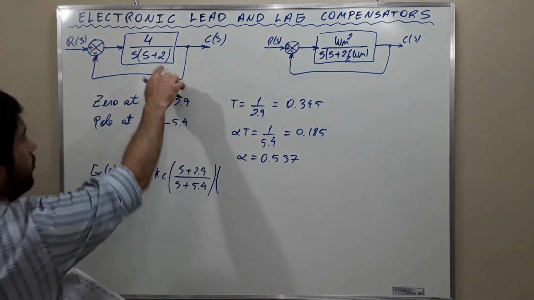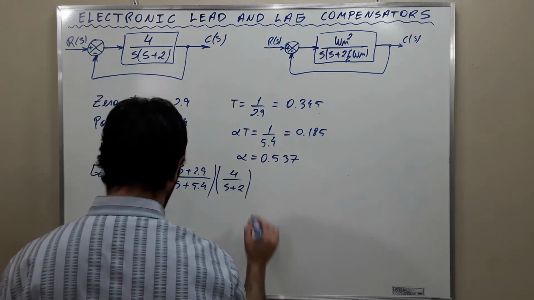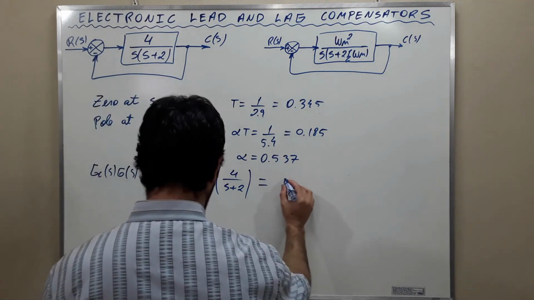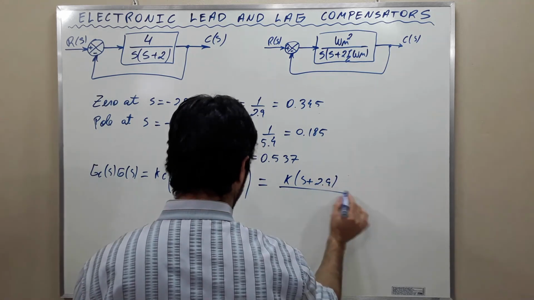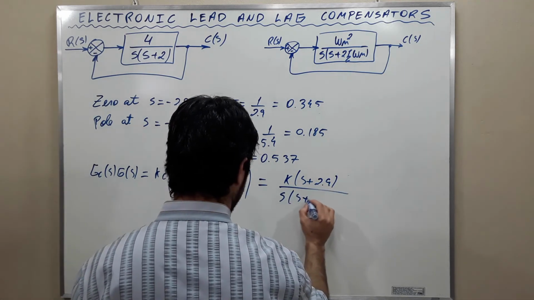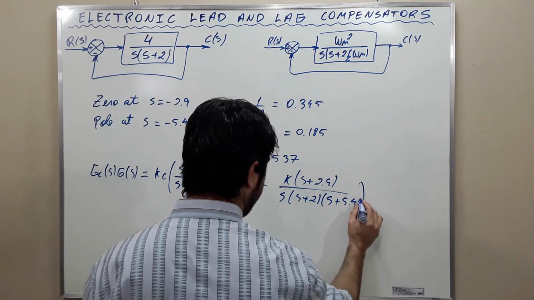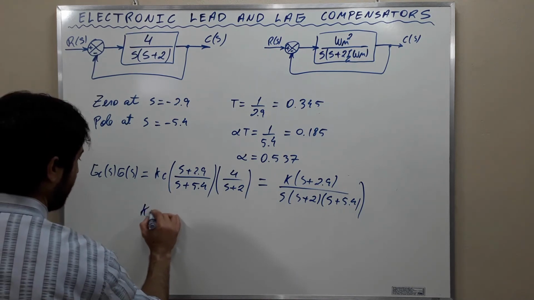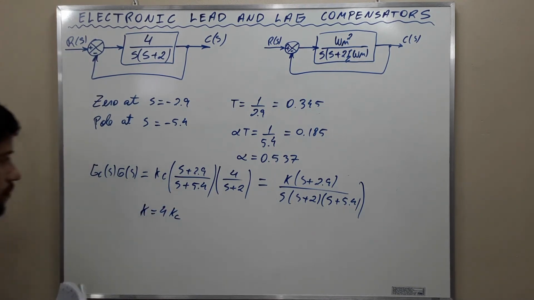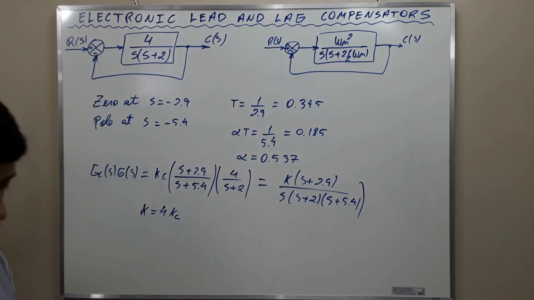The plant, as we saw, is 4 over s(s + 2), which can be rewritten as K (s + 2.9) divided by s(s + 2)(s + 5.4), where K is equal to 4 times Kc.